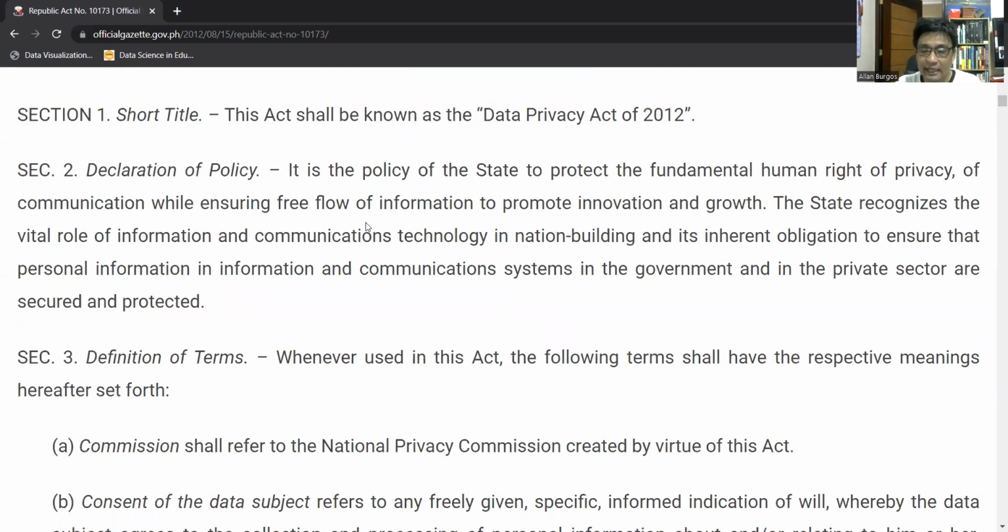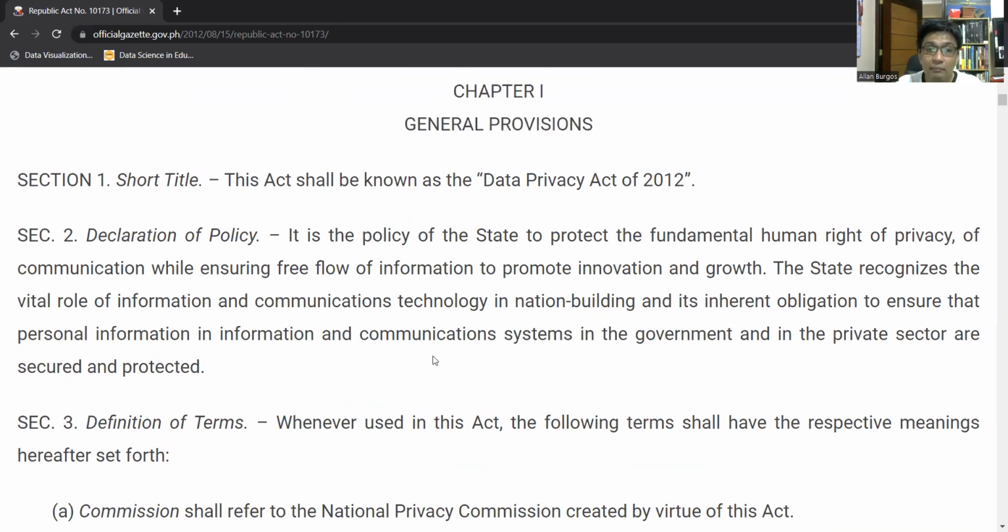Section 2, Declaration of Policy. It is the policy of the state to protect the fundamental human right of privacy, of communication, while ensuring free flow of information to promote innovation and growth.